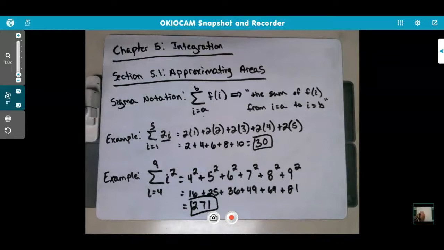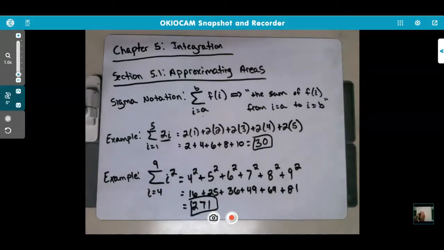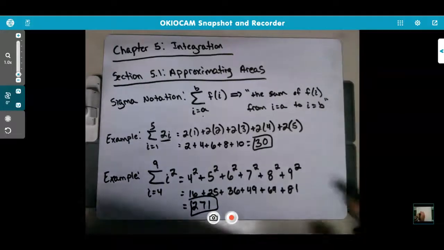So whenever you see a sigma, that's a sum. We are going to add it up. Let's do some more examples.